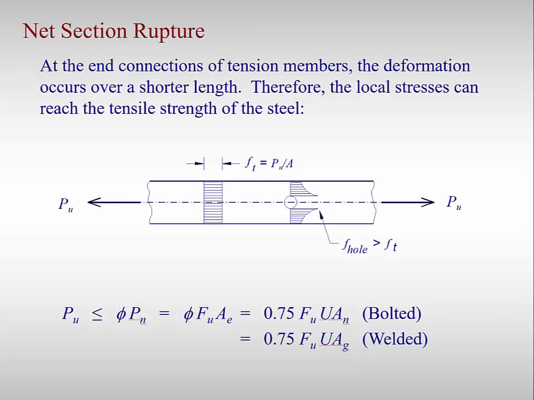A reduction factor of 0.75 is used to arrive at the design strength. Note that the reduction factor is lower for net section rupture than gross section yielding, recognizing the increase in uncertainty in the design of connections. More things can go wrong in a connection than along the length of the member.